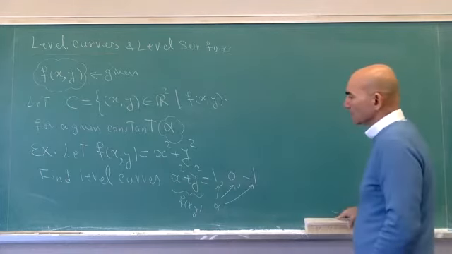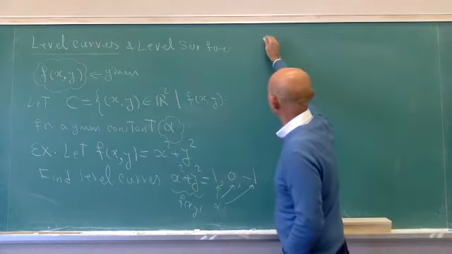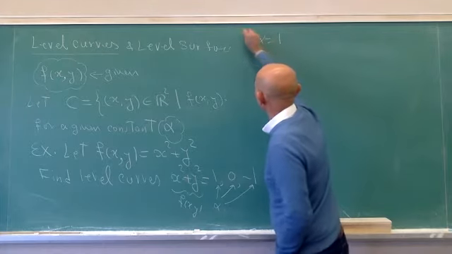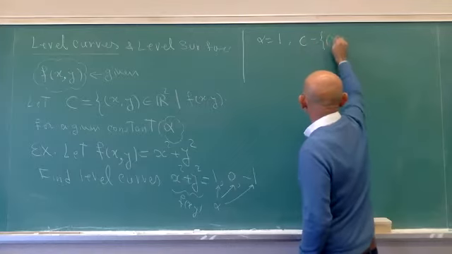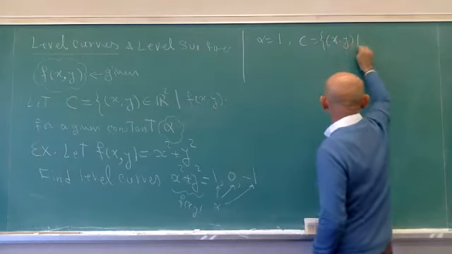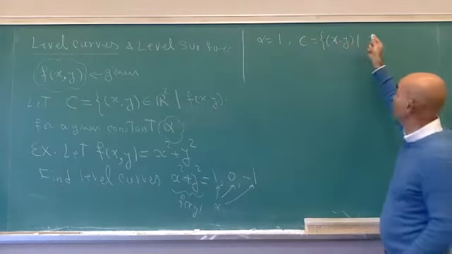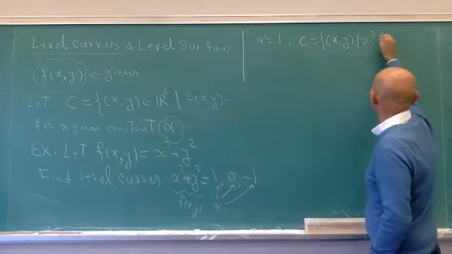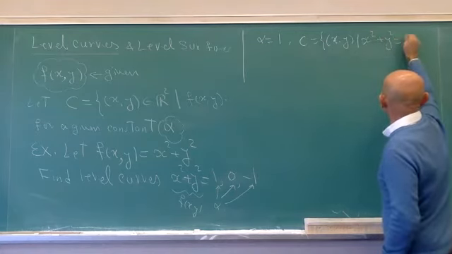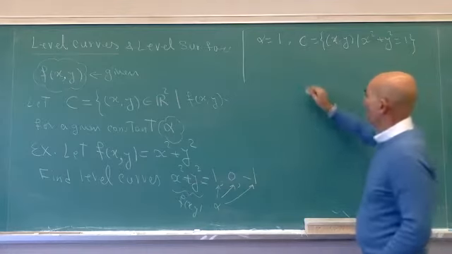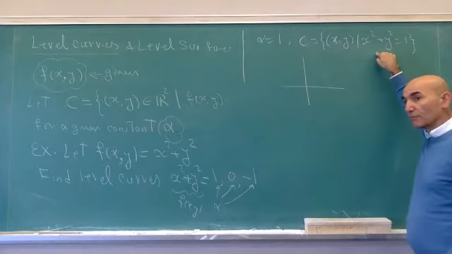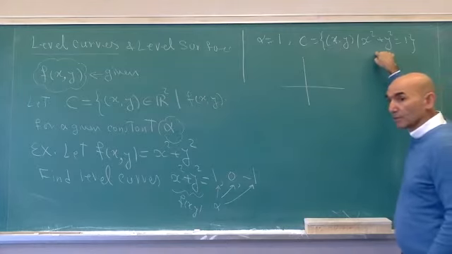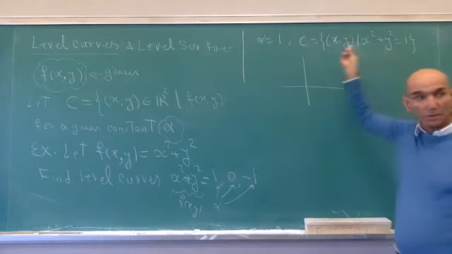Okay. So first of all, we want to find, alpha equal to 1. So C is the set of all x and y such that x2 plus y2 equal to 1. You can draw this curve. You have done this in high school. x2 plus y2 equal to 1 is a circle.